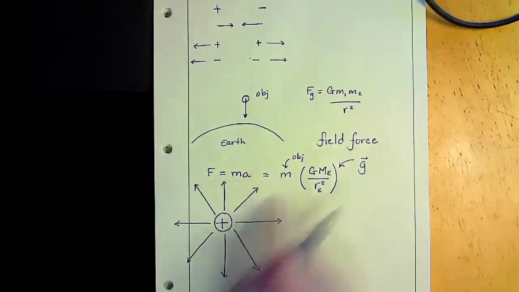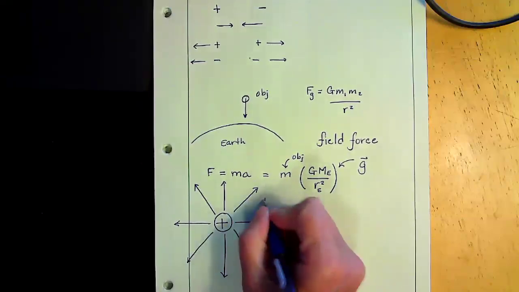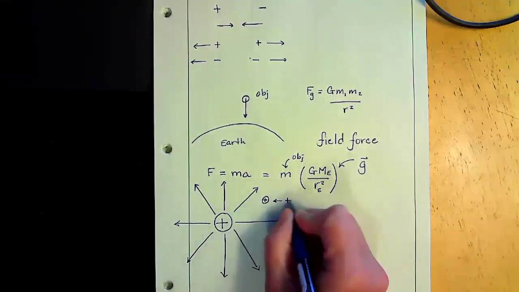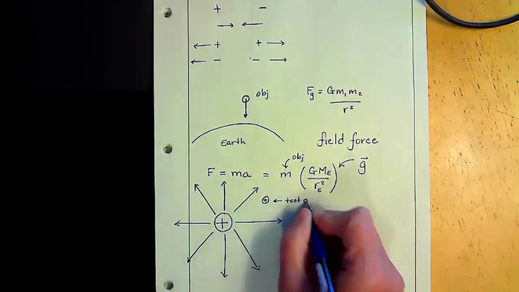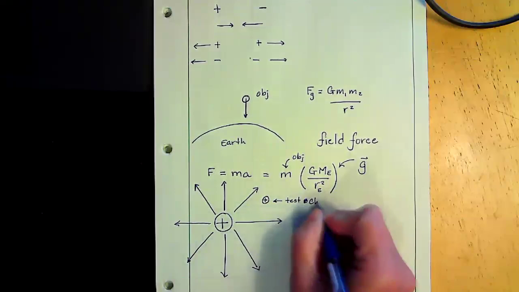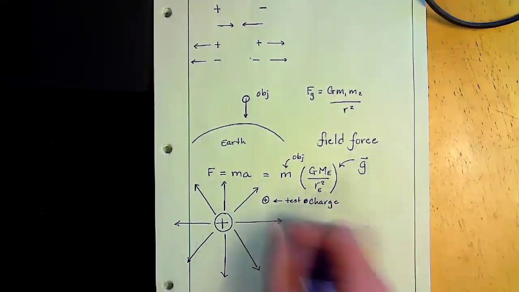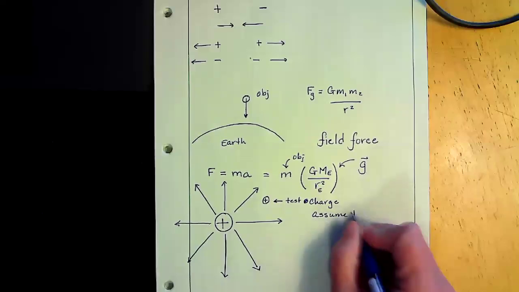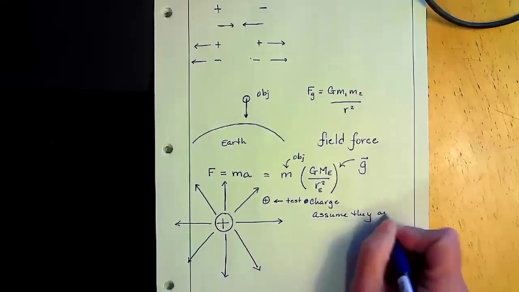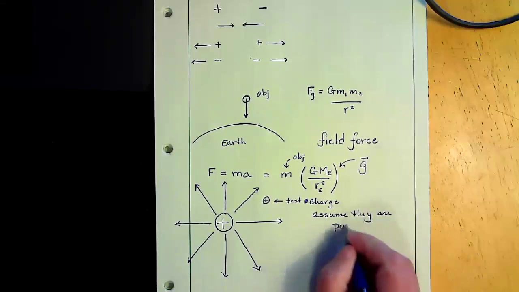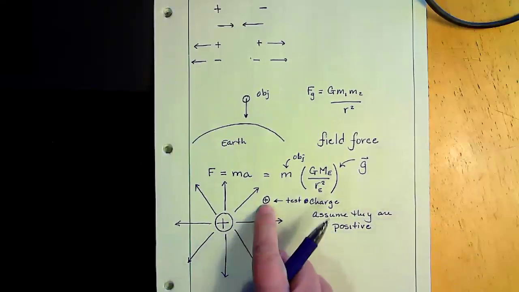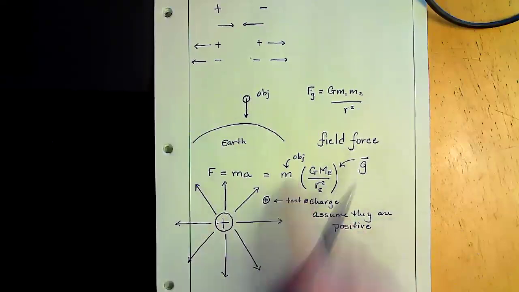Now, the reason we draw it like this is because if I put in what we're going to call a test charge, and we assume our test charges are positive, we know that this charge is going to want to be pushed away from our positive charge.